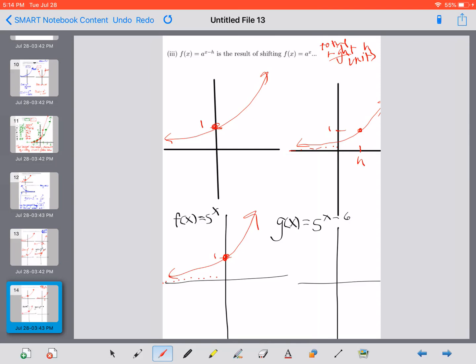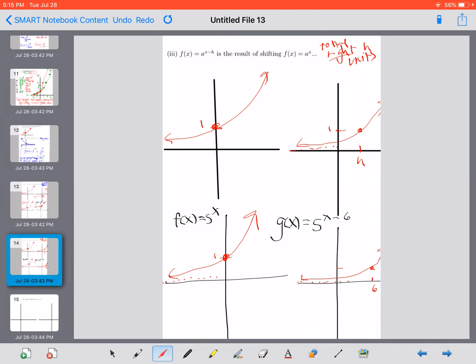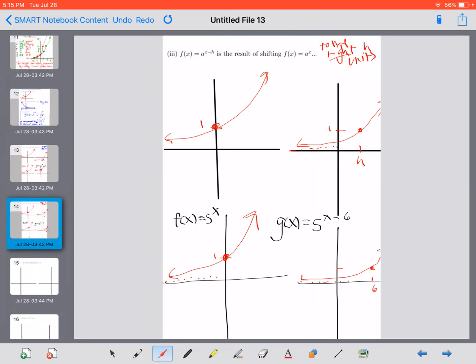So replacing x with x minus 6 is going to shift this entire graph 6 units to the right. So instead of having a point at (0, 1), I'll have a point way over here at (6, 1). But my horizontal asymptote will still be at 0. Okay? And if it had been x plus 6, I would have shifted it to the left instead.